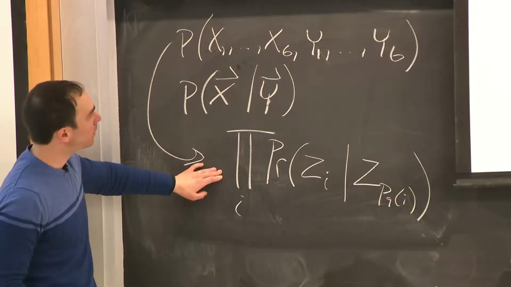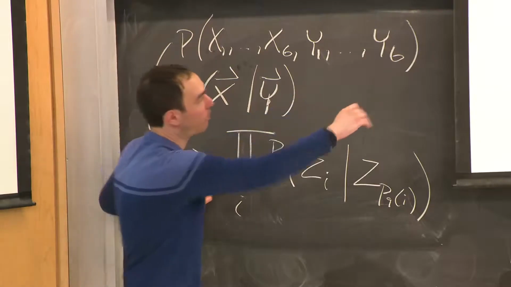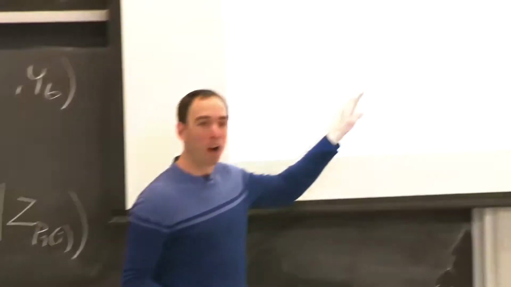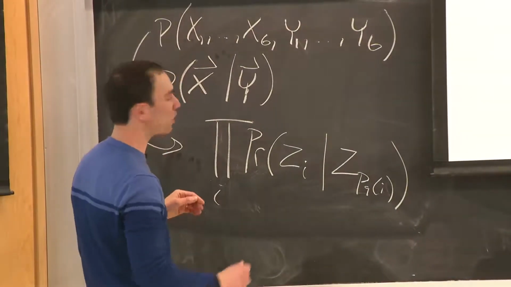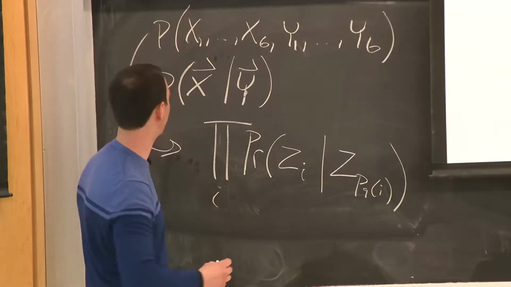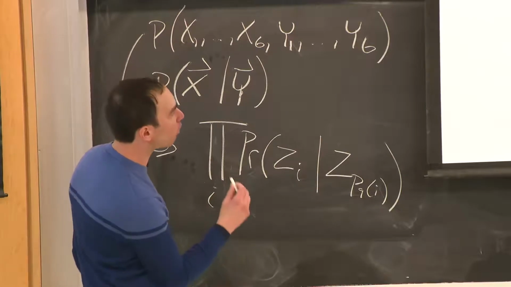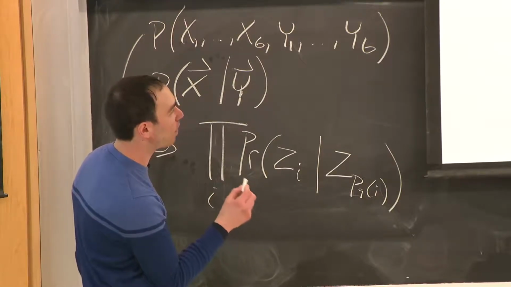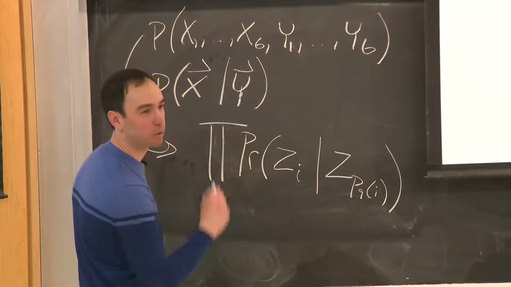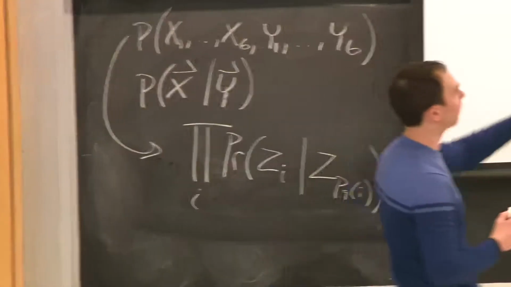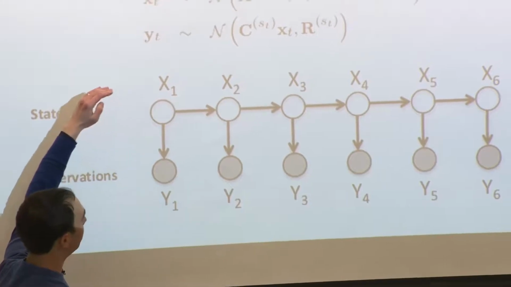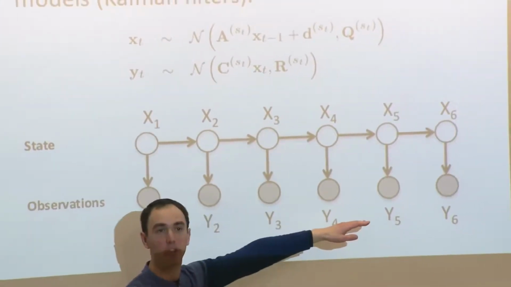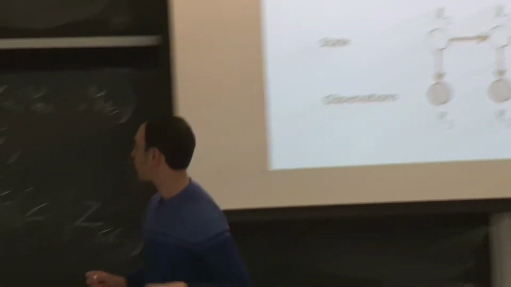And in particular, for this graphical model, which goes by the name of a Markov model, it has a very specific factorization. And we're just going to read it off from this definition. So we're going to go in order, first x1, then y1, then x2, then y2, and so on, which is going based on a root to children traversal of this graph.